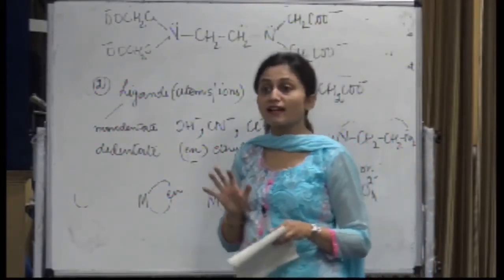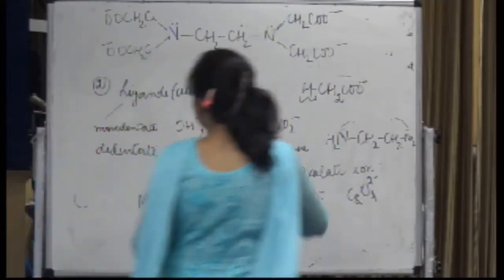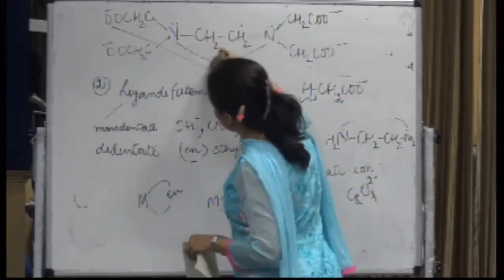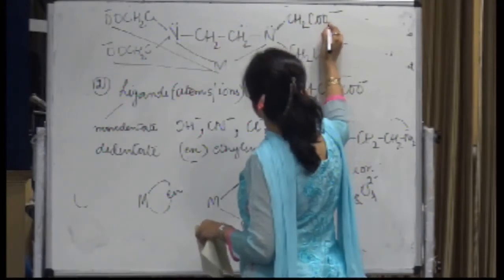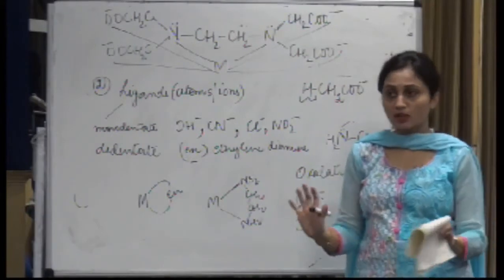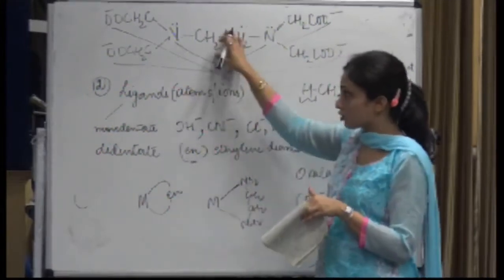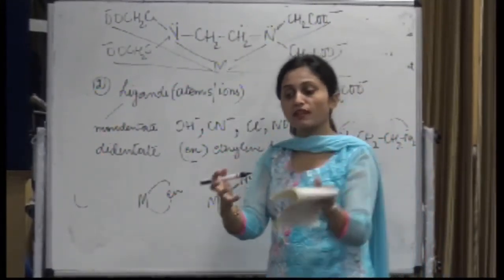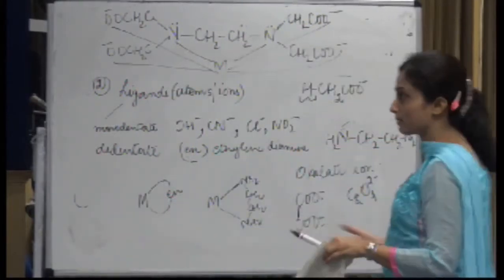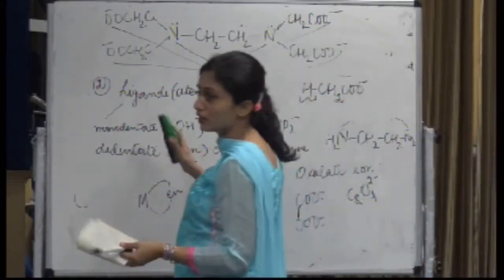So this is a hexadentate ligand, which is very important, ethylene diamine tetraacetate. When it interacts with a metal, it attaches from every side, all 6 donor sites at once. Don't worry, the structure will not come in the course. The orientation is not like this, but it is arranged in such a fashion that there is minimum repulsion. If you ask me, I will tell at the end of the chapter how to draw the structure, but it is only for those who are interested. Otherwise, you don't have to draw its structure.